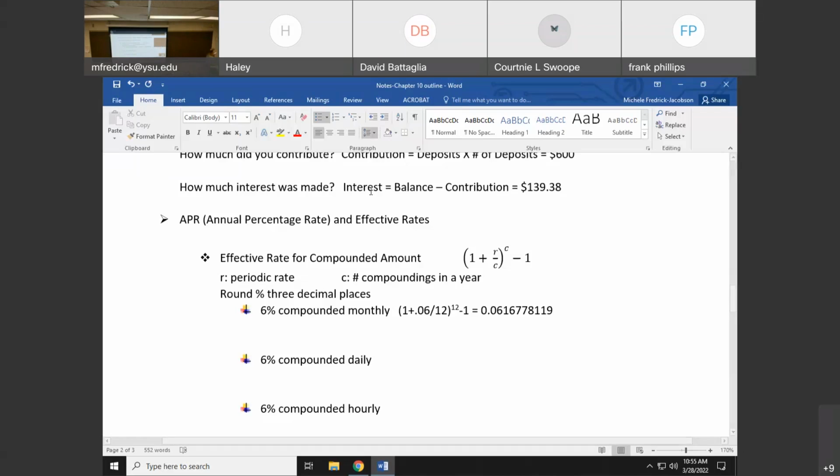So to make it a percent, we're going to move over 2 decimal places. So we have 6.167781.